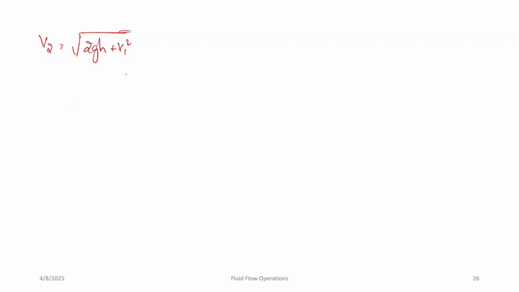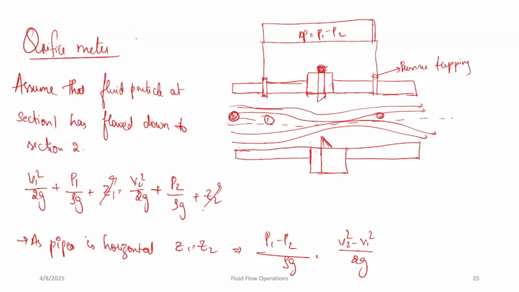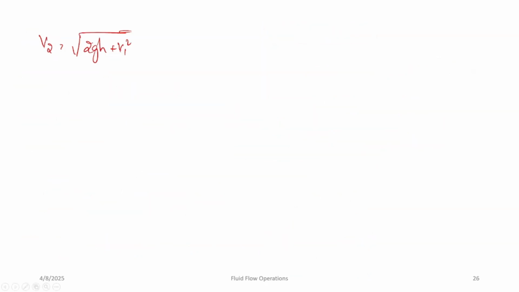So from here, let's also write this as HP, which is equal to (P1 minus P2) by rho g. That is the difference of pressure heads at location 1 and 2. Okay, so let A not be the area of orifice.